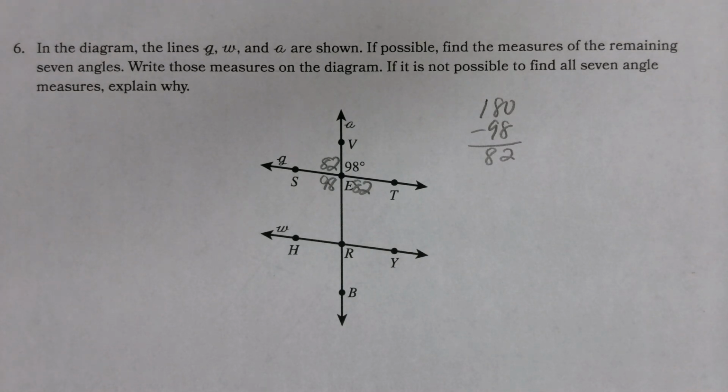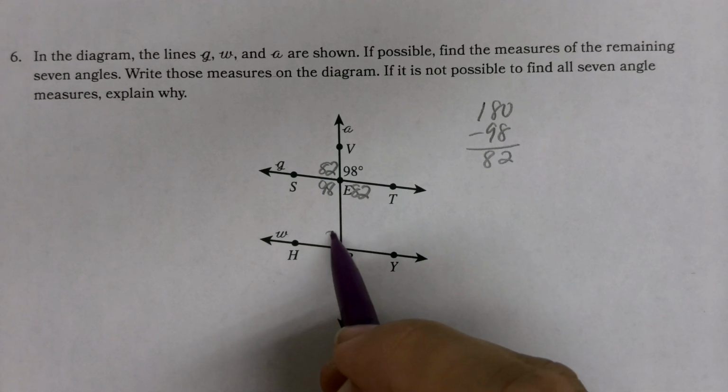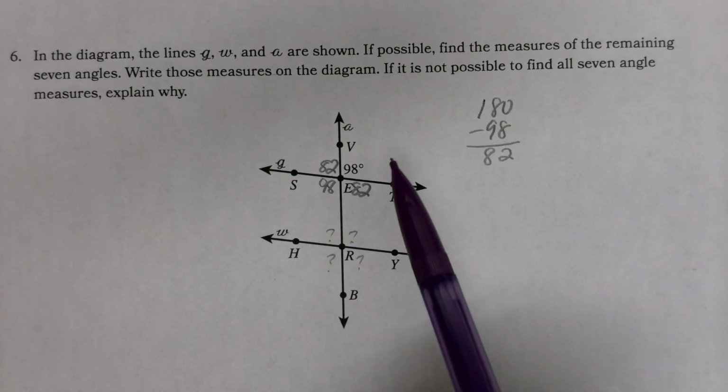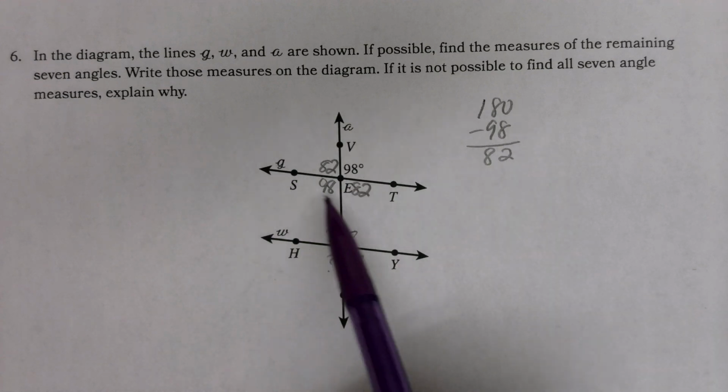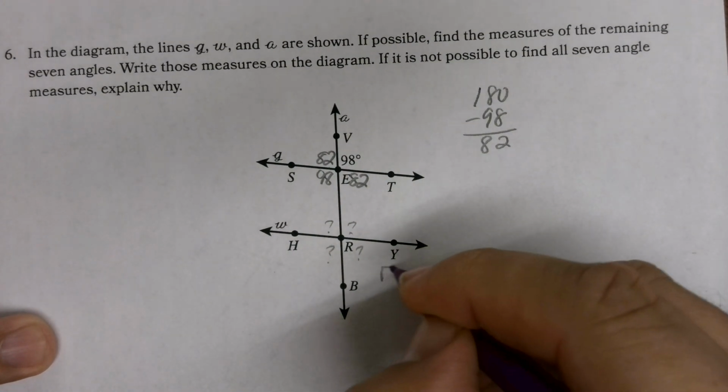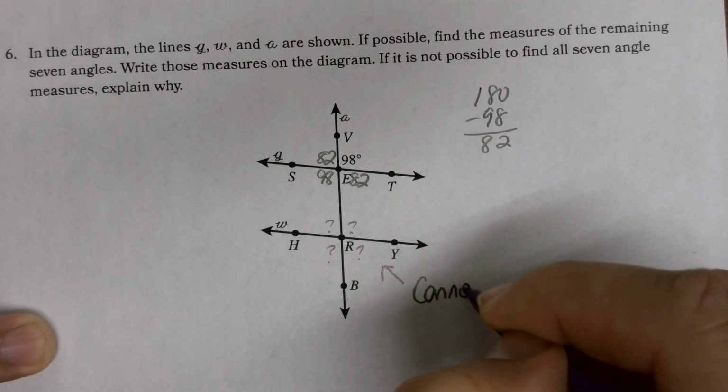I don't know what these angles are, because it doesn't tell me that these are parallel lines. And if they're not parallel lines, we don't know what those angles are. Can't tell. We cannot tell.